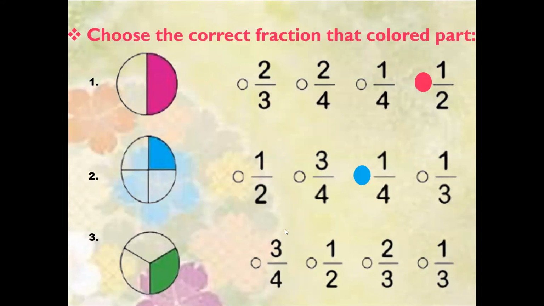Very good. Excellent, Habiba. Thank you. Yes, it will be 1 over 3. Why? Because at the upper, we will write the colored board. It's 1 with the green, and dash, and down we will write the whole boards, the colored and the not colored. They are 3 boards.